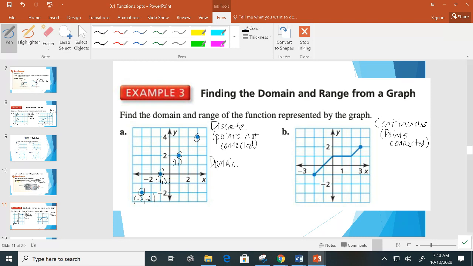This is the point 1, 2. And this is the point 3, 4. So my domain, I would just list out my x values when we're talking about a discrete graph. So my domain here would be -2, -1, 1, and 3. Okay, it's just a list of my x values.